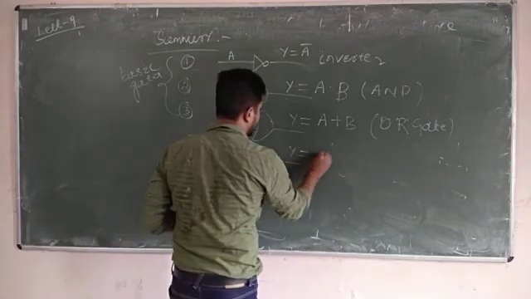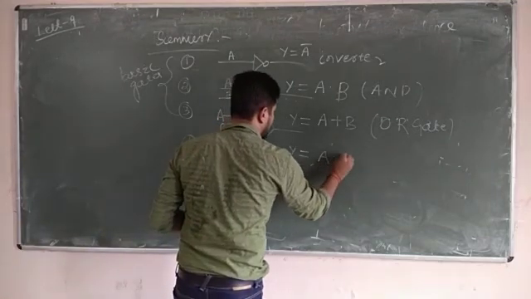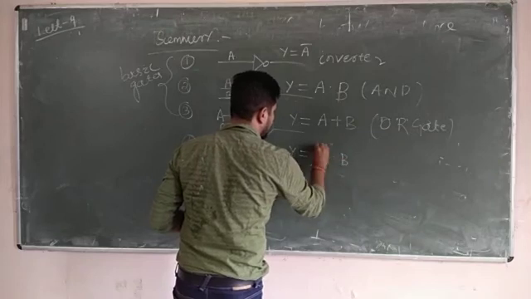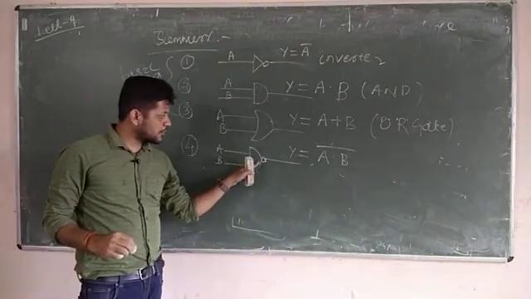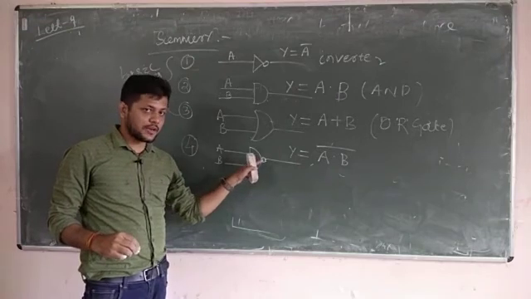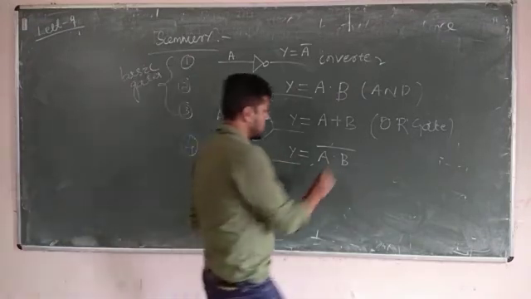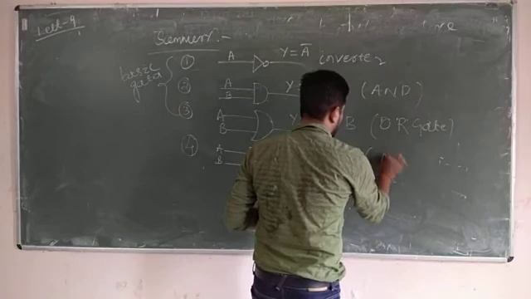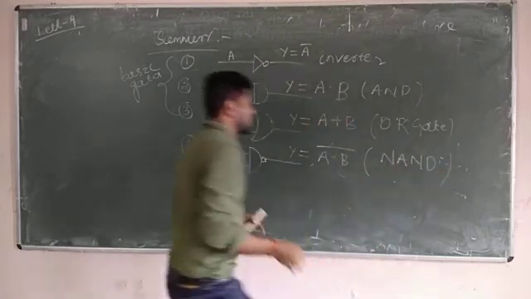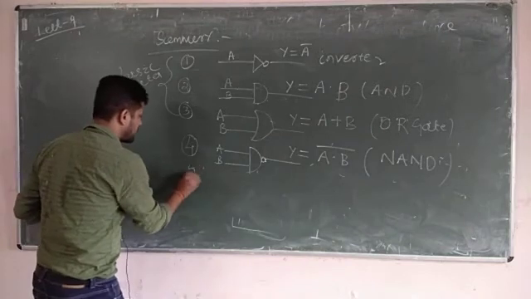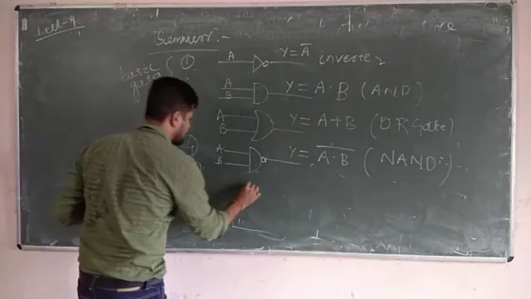So Y is equal to A and B whole bar. This is the symbol for your A and B, and this is NOT. So A and B whole bar is the expression for your NAND logic.